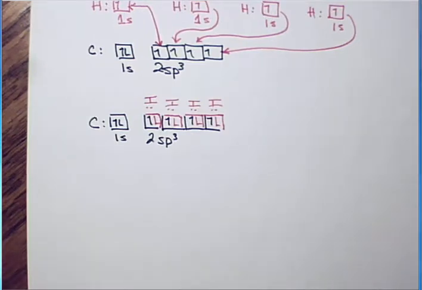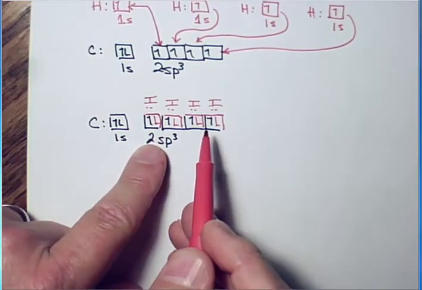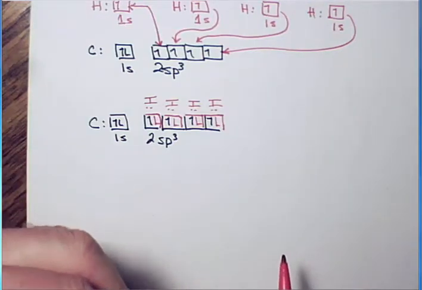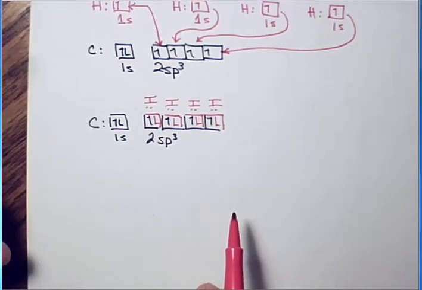So you can imagine how much more complex it would be if we were using larger and larger atoms. The problem is that you have to understand this sharing of orbitals takes place without being able to actually draw the orbital notation that would show it. Once you get into more complex atoms, it becomes more and more difficult to show it.